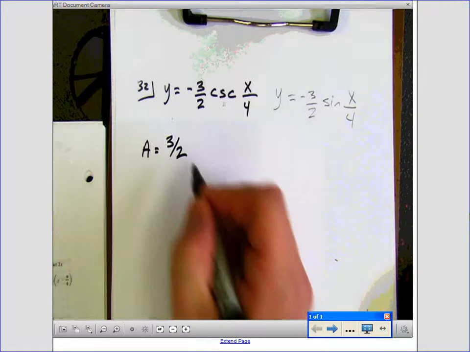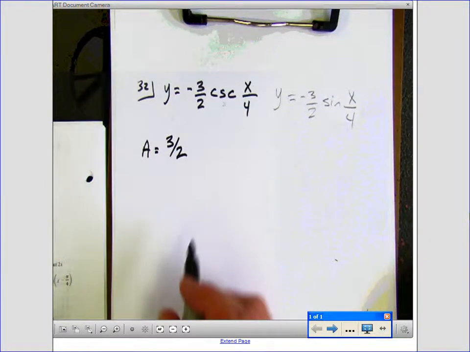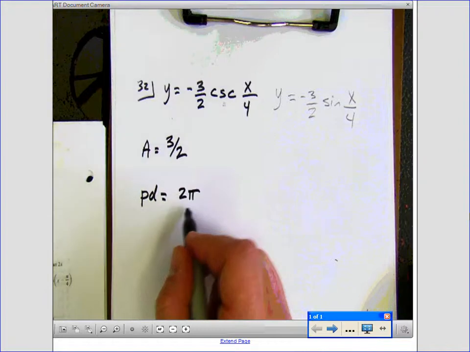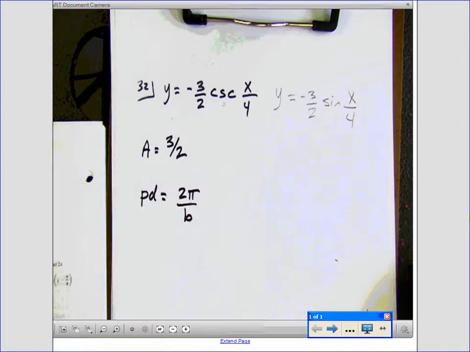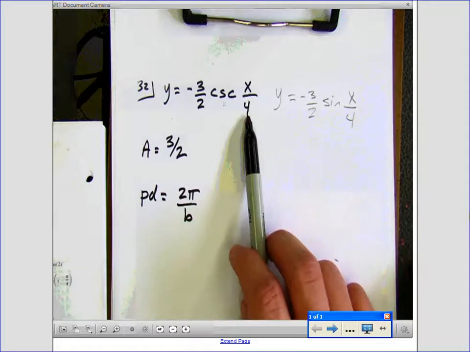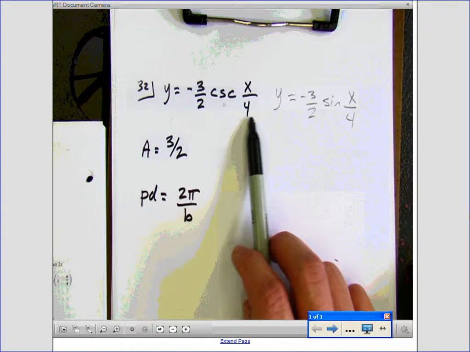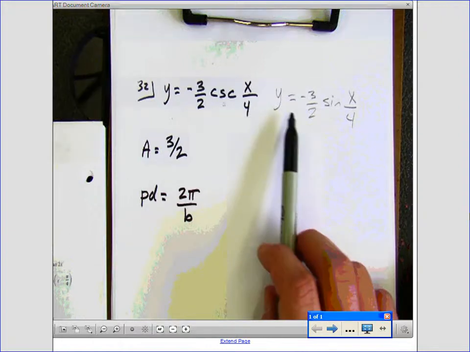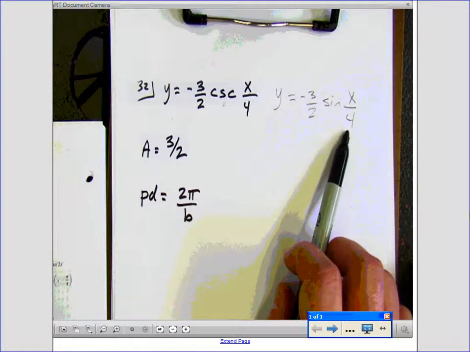3/2. Okay. Period is 2 pi over b. Now, this is kind of challenging here, but what's the b value? It's not 4. It's 1 over 4, 1/4, because x over 4 is the same thing as 1/4 x.